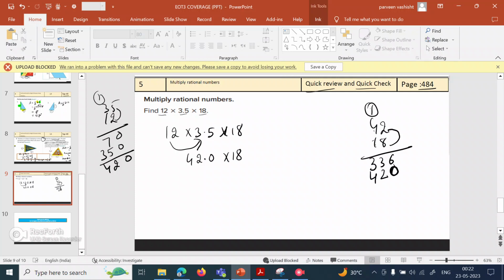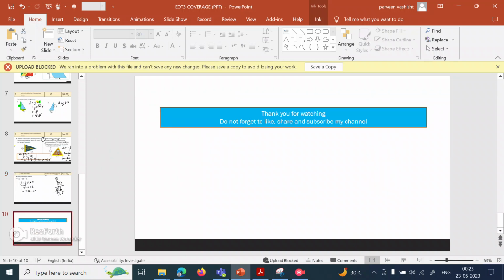Don't forget to put 0 here. 1 multiplied by 2 is 2. 1 multiplied by 4 is 4. Now don't forget to add them. 6 plus 0 is 6, 3 plus 2 is 5, 3 plus 4 is 7. So the final answer is 756. It was point 0, we need not write it, and this will be your final answer.